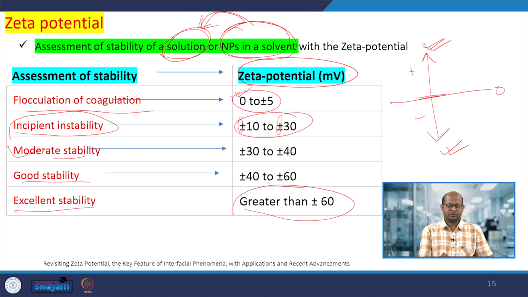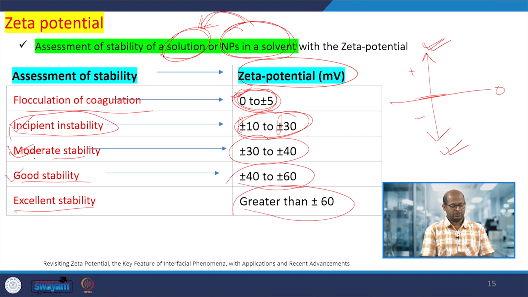If the zeta potential is 0 to 5, that indicates flocculation or coagulation of that particular solution, which is not very stable, very less stable. If it is 10 to 30, incipient instability; 30 to 40 indicates moderate stability, and 40 to 60 indicates good stability.